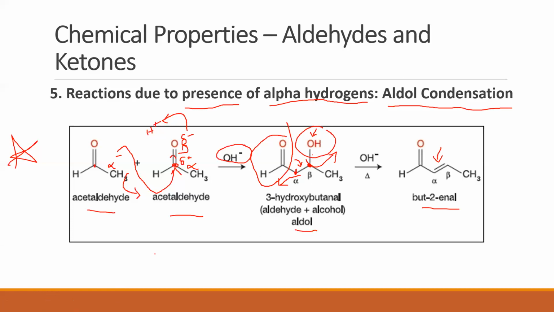So let me just breeze through this reaction once again for you. If an aldehyde or a ketone contains alpha hydrogens, clear? So there should be an alpha carbon, and to that alpha carbon I need to have alpha hydrogens. If alpha hydrogens are there, then they give a reaction called the aldol reaction or aldol condensation.